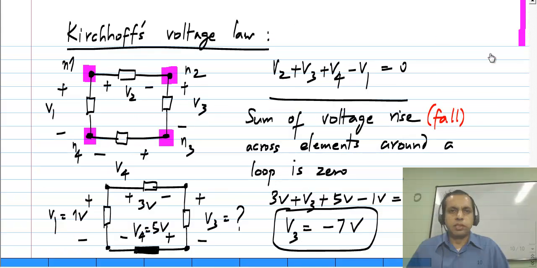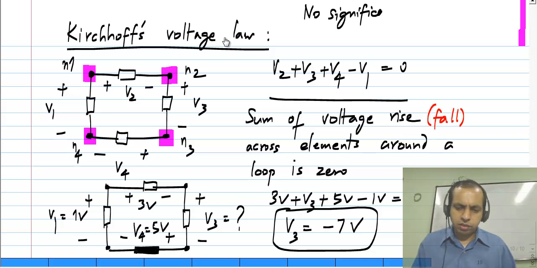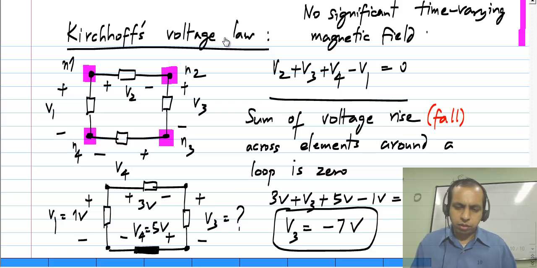Now, what are the conditions under which Kirchhoff's voltage law is true? This assumes that there is no significant time varying magnetic field cutting the loop.